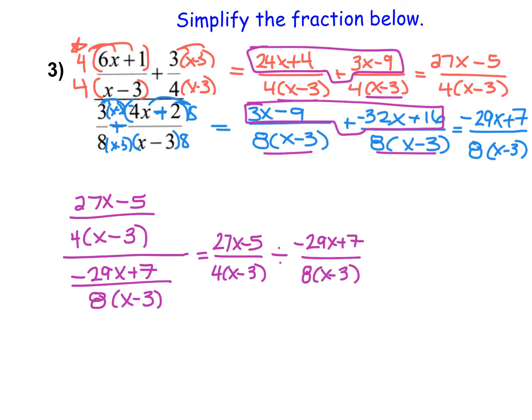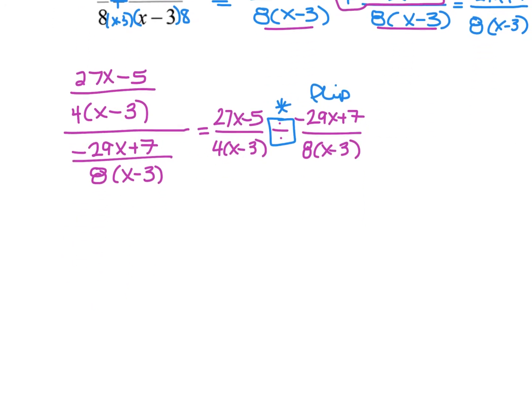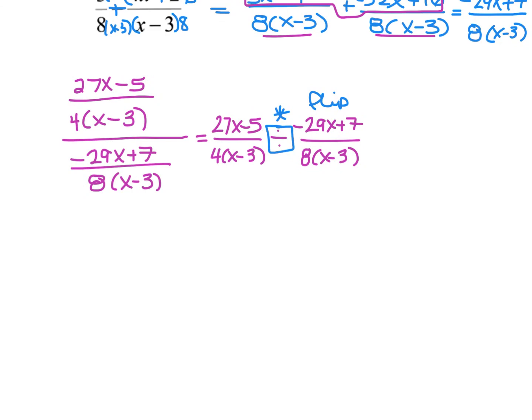Now I can turn this into multiplication because I can just multiply by the reciprocal of the second fraction, which means I'm going to flip it over. So if I give myself a little more space here, I end up with 27x minus 5 over 4 times x minus 3 times 8 times x minus 3 over negative 29x plus 7.